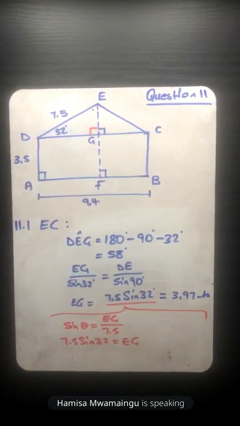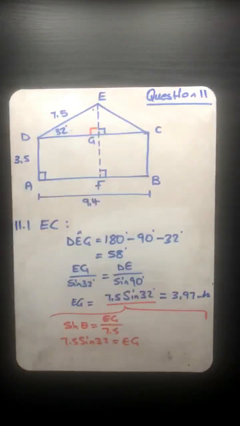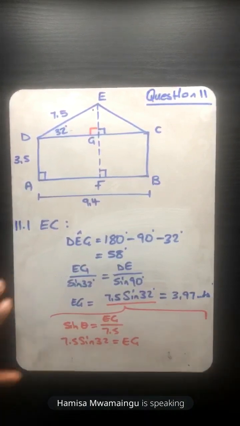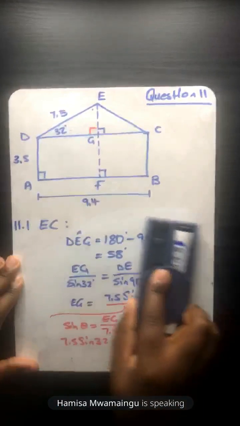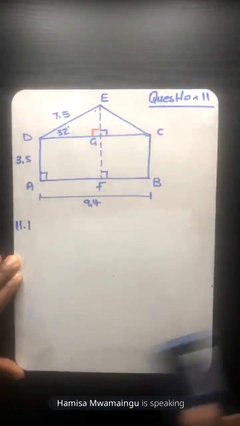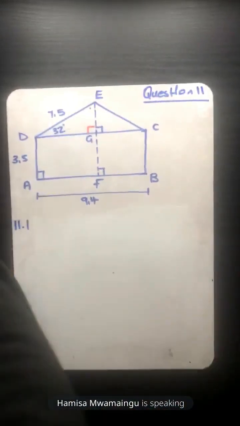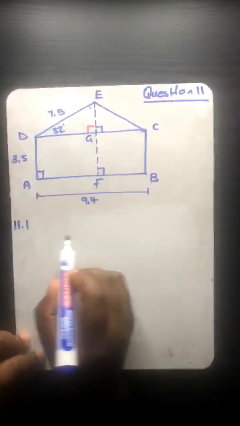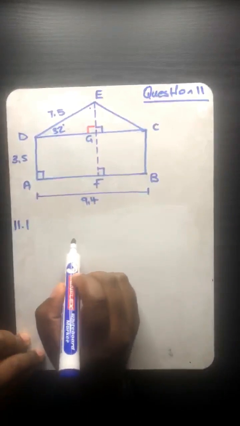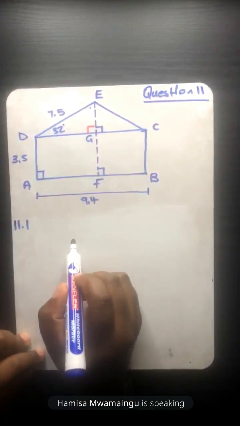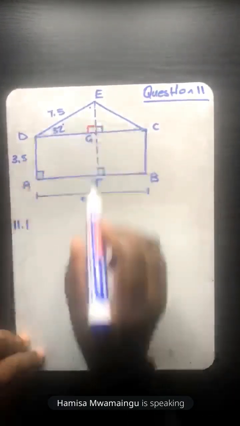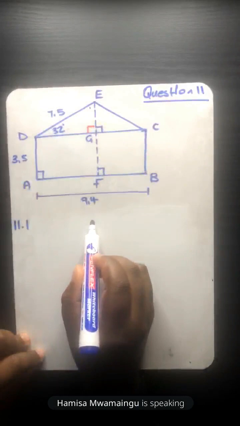I used the sine rule, as in sine A over A is equal to sine B over B is equal to sine C over C. I'm not sure if it's correct. Let me quickly write it down. What did you do there? I used the big triangle, DEC.